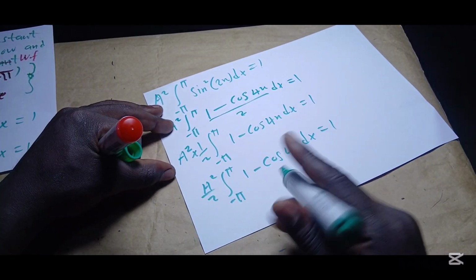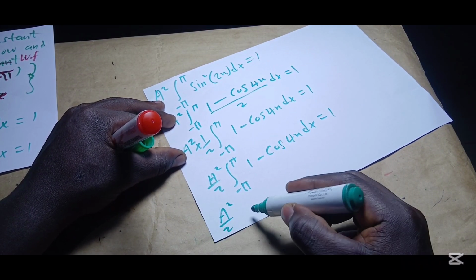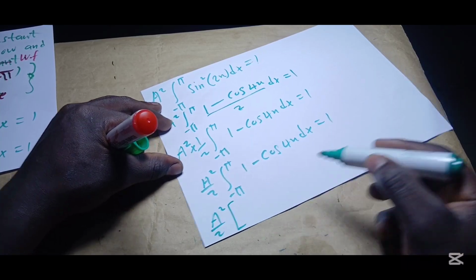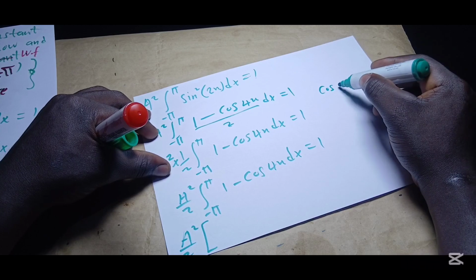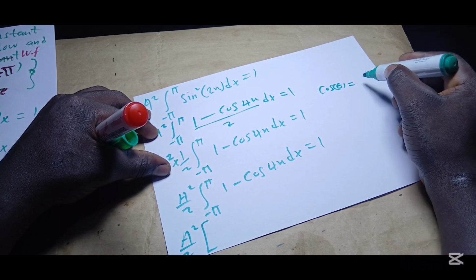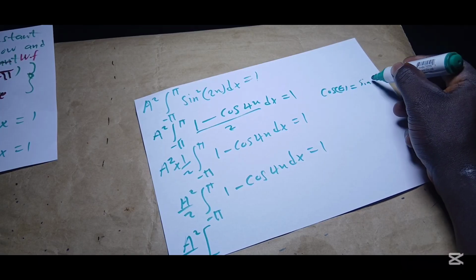So now let's integrate the term. A squared over 2. If I'm integrating cos theta, it's going to give me sine theta.